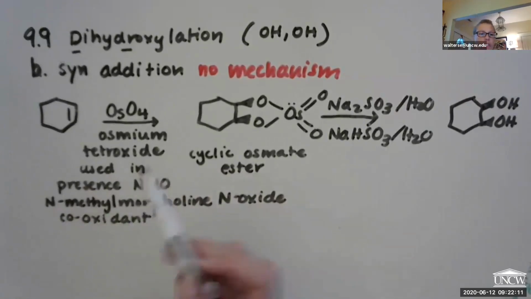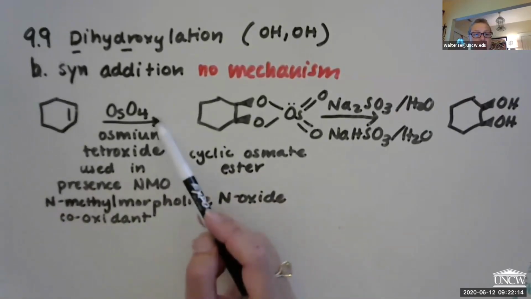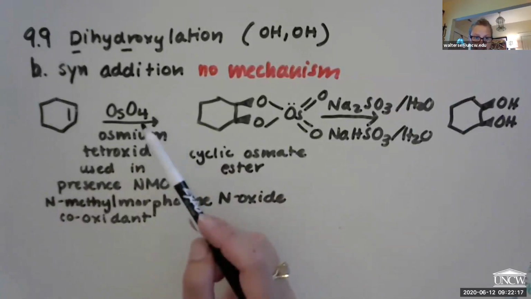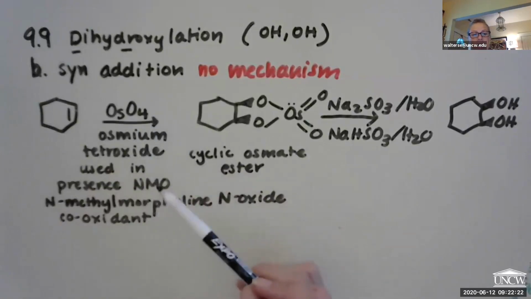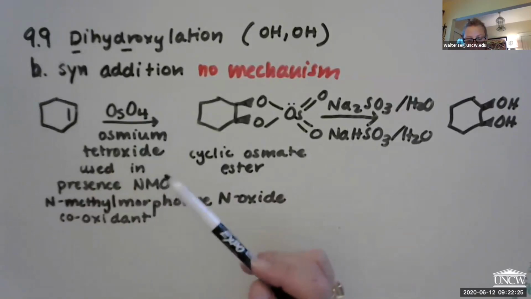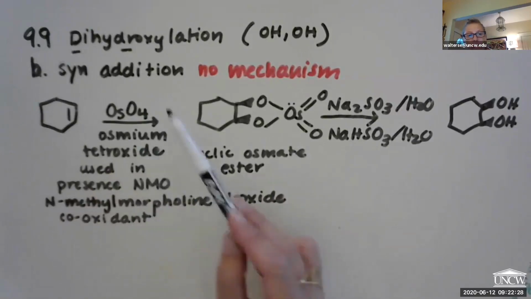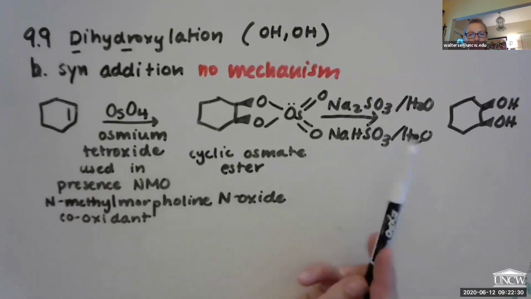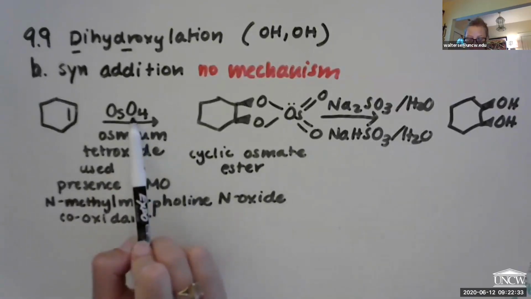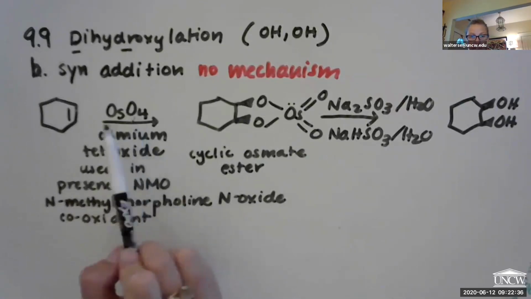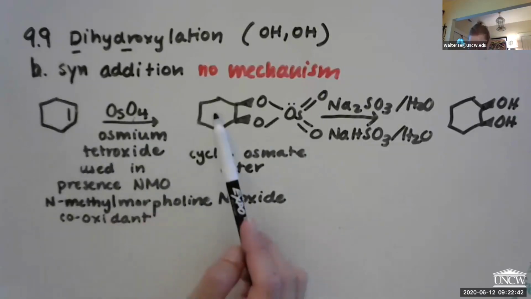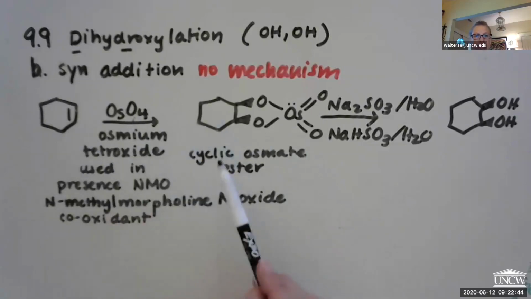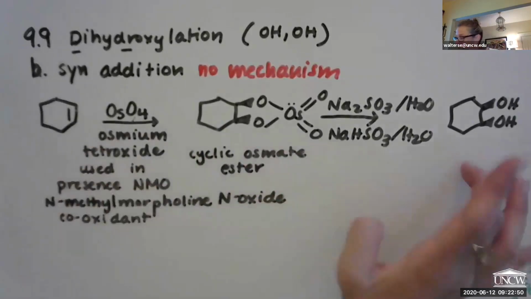The reason why you use this is osmium tetroxide is ridiculously expensive and it's highly toxic. So you want to use as little of the osmium tetroxide as possible, and in the presence of NMO, it works sort of like it's a catalyst. So it regenerates osmium tetroxide throughout the course of the reaction. So if you regenerate this, you don't need to have very much of it in the solution to make your product. So you don't need a mechanism for forming the cyclic osmate ester, and you don't need the mechanism for the dihydroxylation over here. You just need to know the steps.